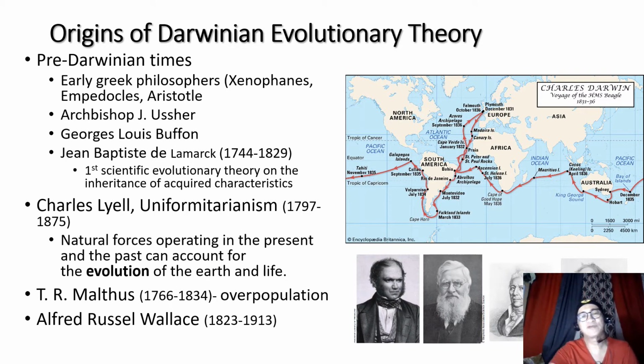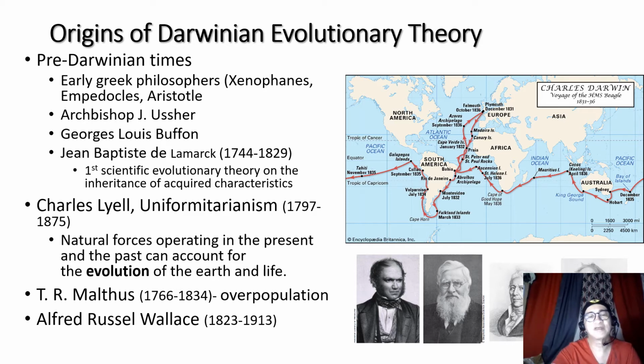Darwin's theory of evolution has a very long history. It was not originally started by him. Works of other people gave him ideas that he pieced together in his theory of evolution. Early Greek philosophers, for example, Xenophanes and Aristotle, recognized fossils as evidences of former life forms.